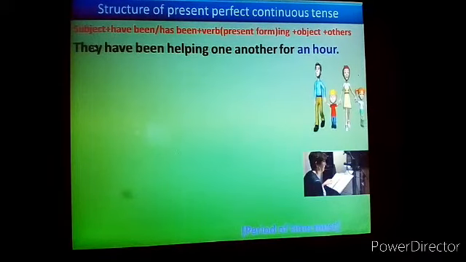The subject is they, have been helping is the verb with ing, one another is the object, for an hour is the other part of the sentence. In present perfect continuous tense, a period of time is a must. An hour is a period of time.